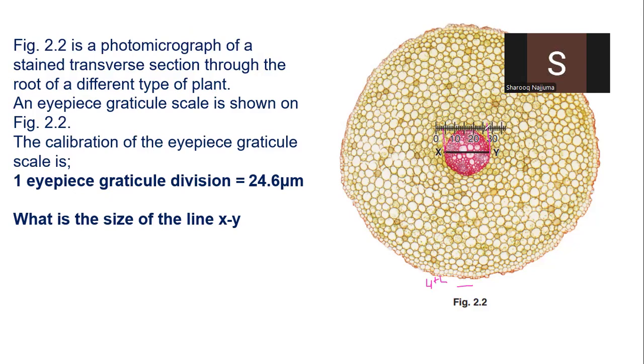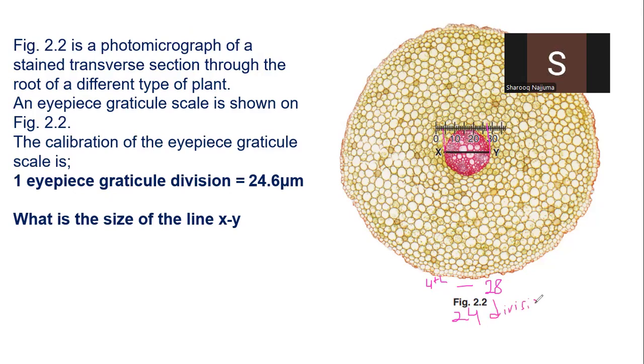So this is 20, this is 25, 26, 27, I think 28. 4th to 28. So get the difference between the two. You're going to find that your answer is going to be 24 divisions. So it's taking up 24 divisions.